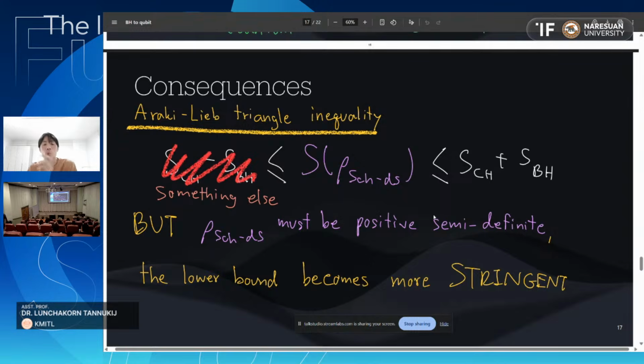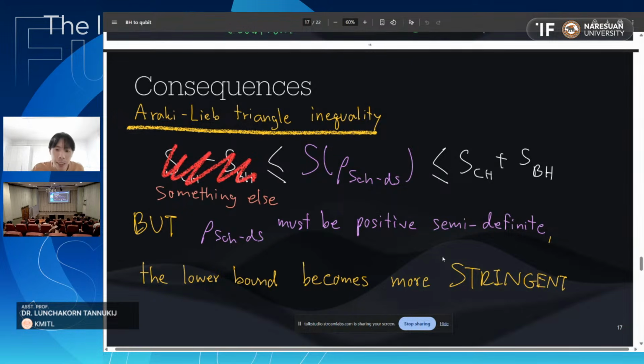So there are two conditions on those classical probabilities. One, the summation of the classical probabilities must be 1. And two, the classical probabilities must be like physical probabilities, right? So basically they should be positive.